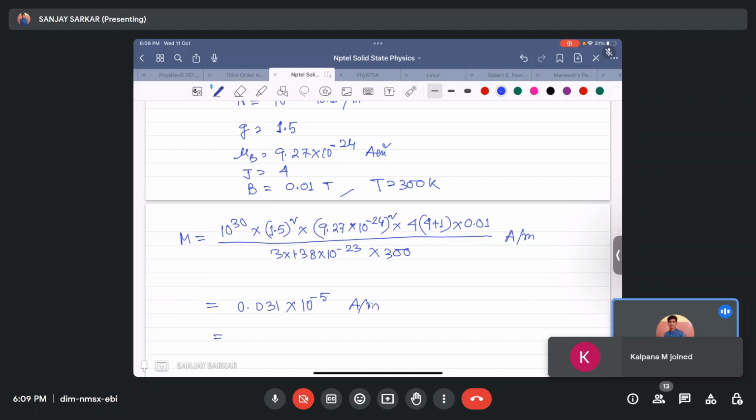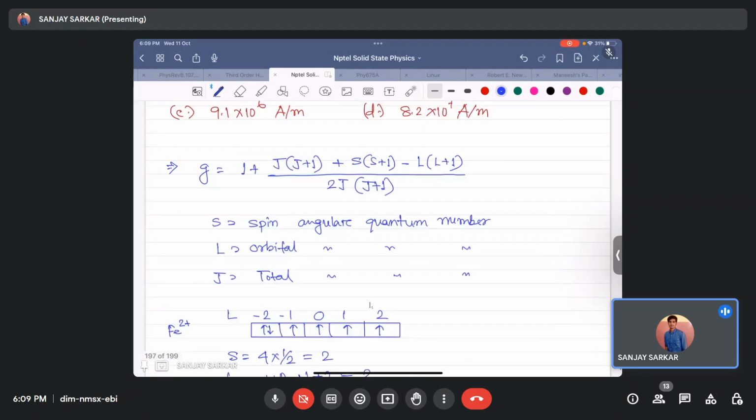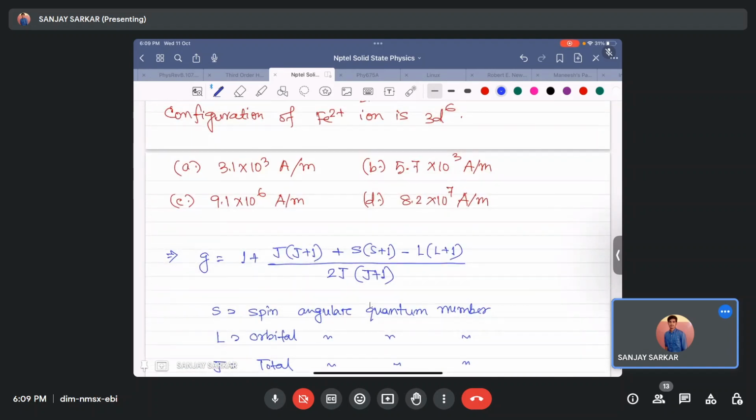So according to this, it will be 3.1 into 10 to the power 3 ampere per meter. So this is the answer, and it matches with option A. As we can see, option A is the correct answer.